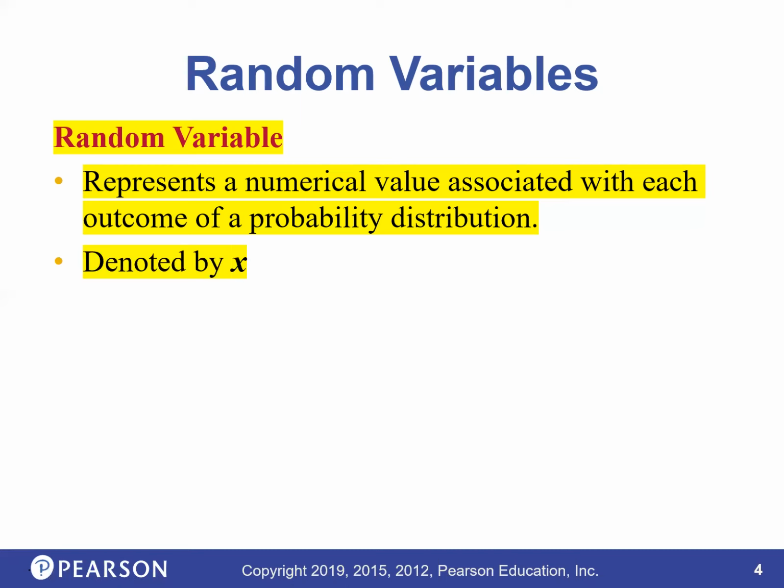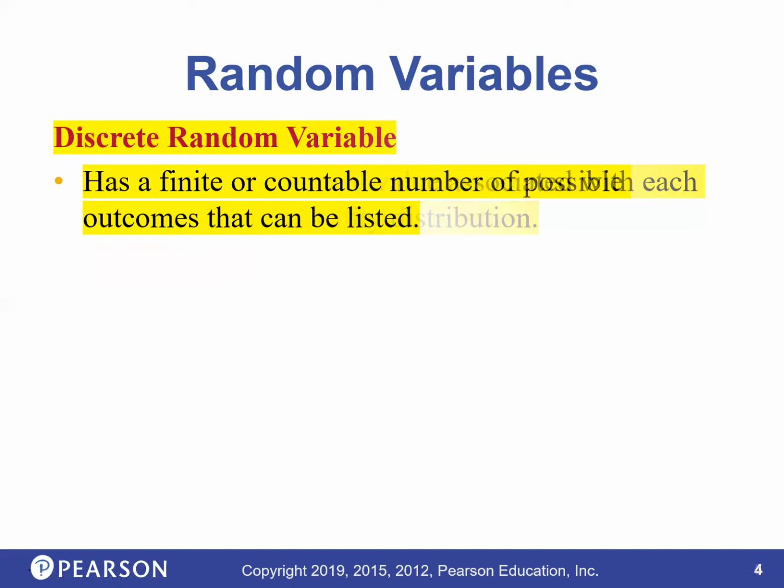What we want to do in chapter 4 is go on to the discrete random variable. So this is where we're at in chapter 4, just a slight change. A discrete random variable has a finite or countable number of possible outcomes. We can actually even list them.